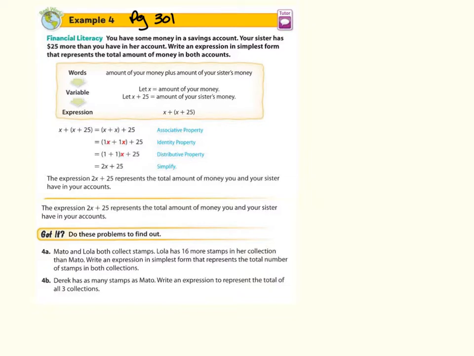The easiest thing I can say to you is to memorize each situation and how to write an expression.